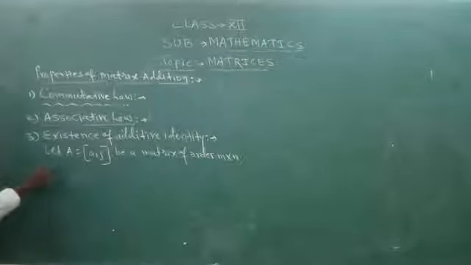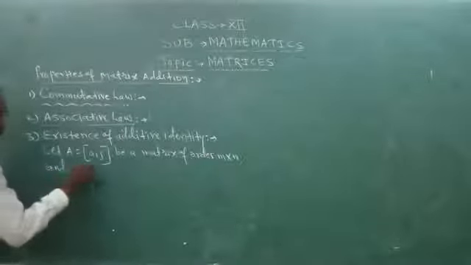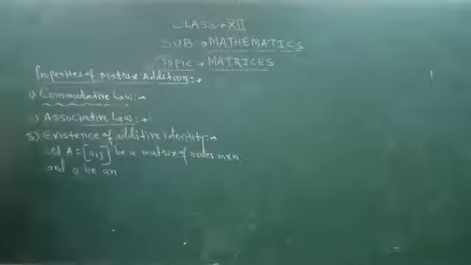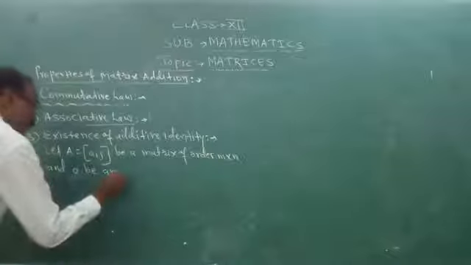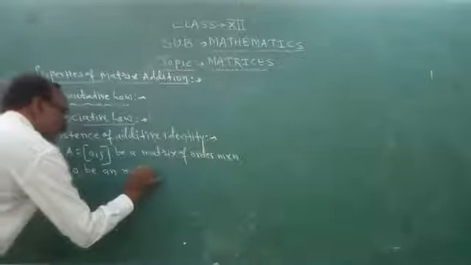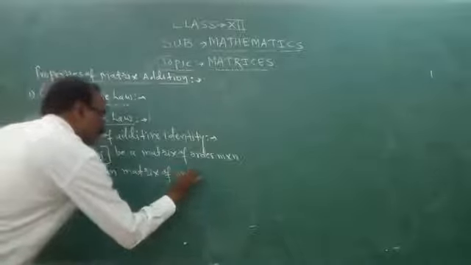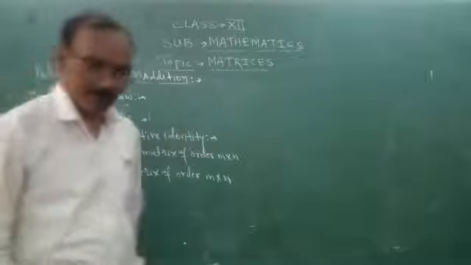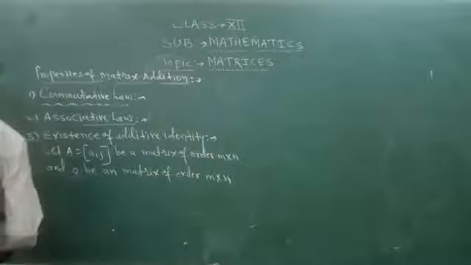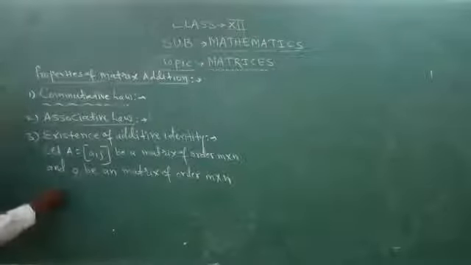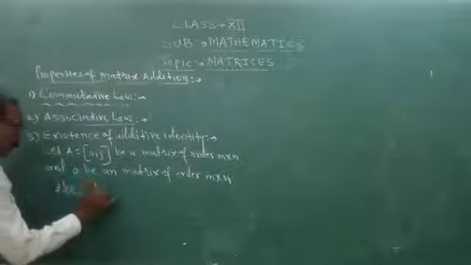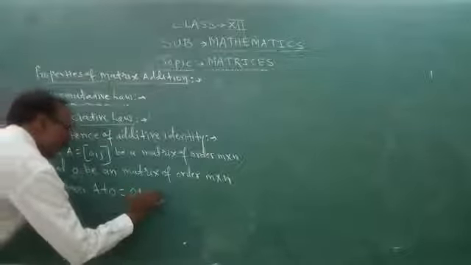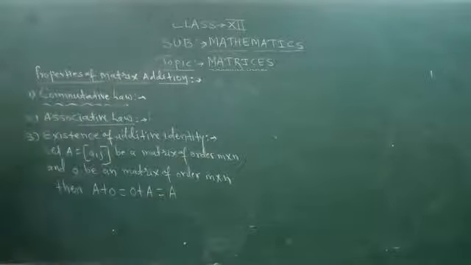And 0 is another matrix of order m by n. I have to find the additive identity matrix, so the order should be the same for both matrices, A and the 0 matrix. Then A plus 0 matrix gives 0 plus A matrix, which gives me again A matrix. In other words, 0 is called additive identity.